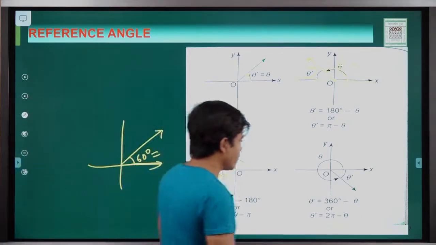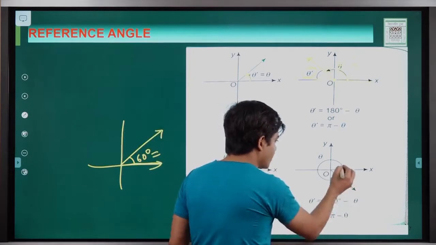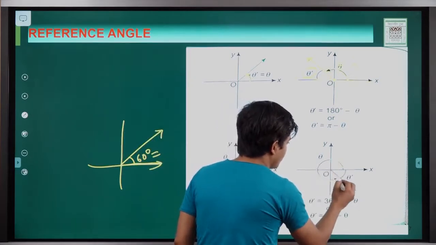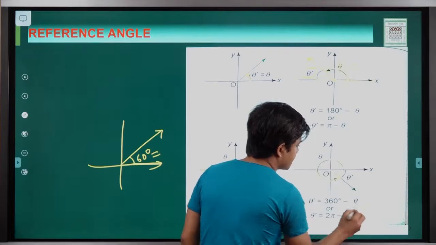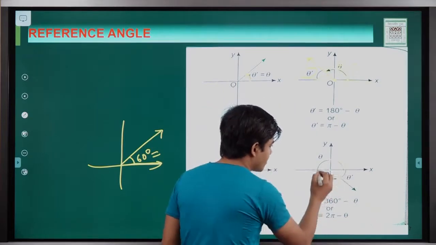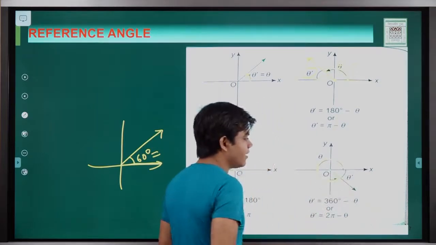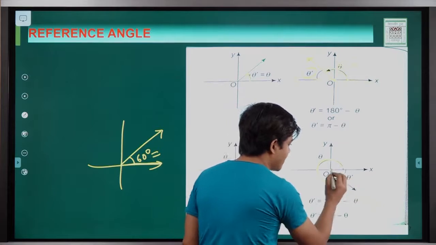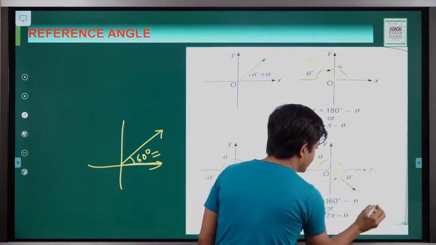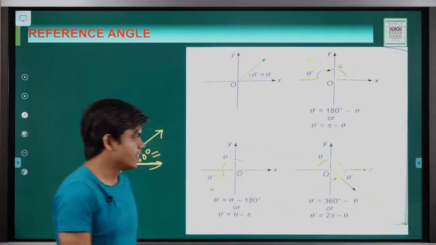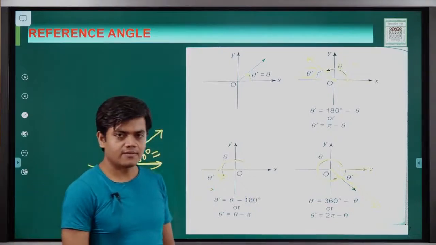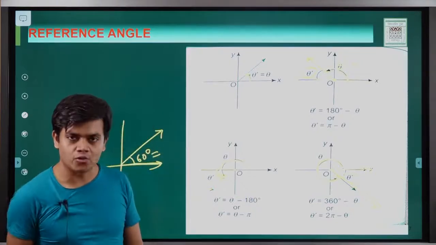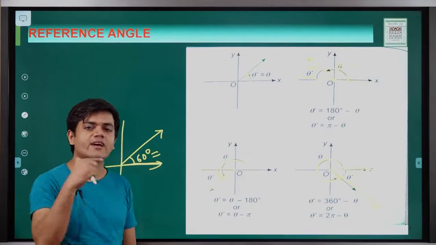What about the fourth quadrant? Think we have the terminal side as this. So this is the standard angle, the total angle given. But the angle between this x-axis and this terminal side is called the reference angle.